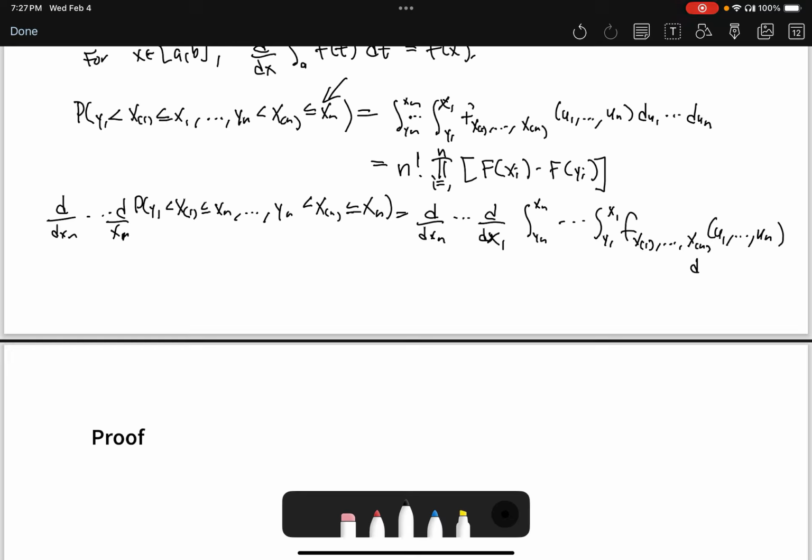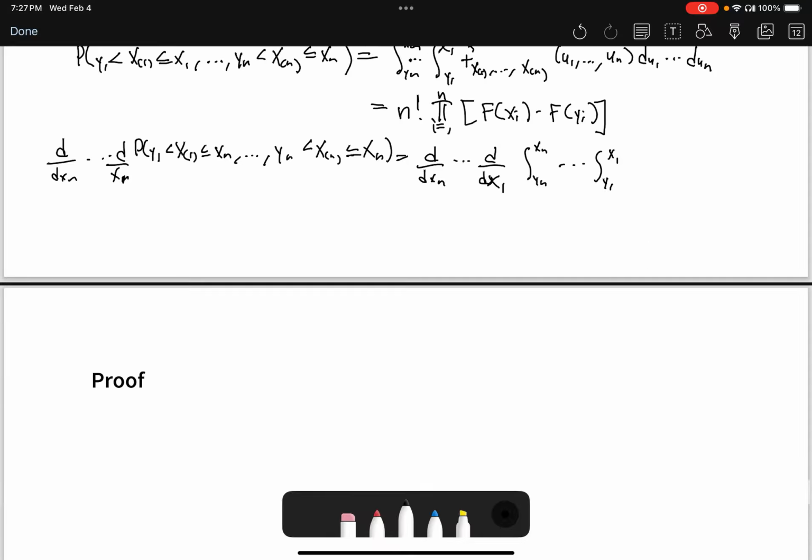And we're taking the integral with respect to u1 up to un. And because these two things are equal, we want to take the derivative with respect to xn up to x1 of n factorial times this product from i equals 1 to n, F of xi minus F of yi. Okay, so we need to compute that derivative.